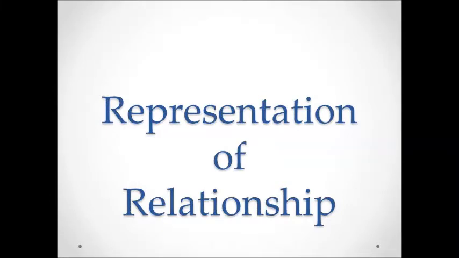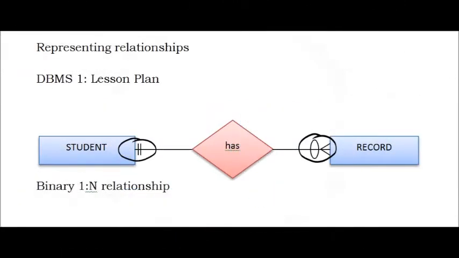So the last thing I wanted to show you is the representation of relationship. It is part of the logical design. In my first database management system, which is the lesson plan, I have the student and record entities having a binary one-to-many relationship. Because it has two entities, that's why it is binary.